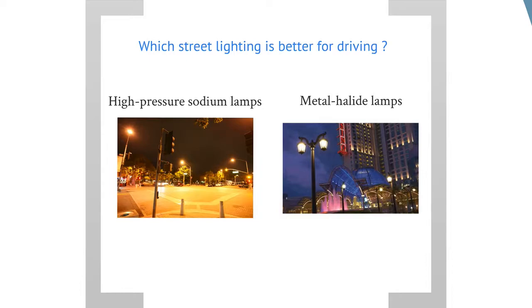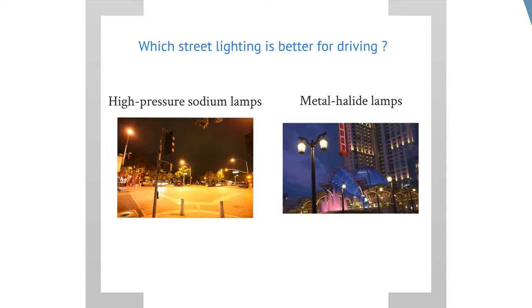So in this, there are two situations here. Which street lighting is better for driving? The high pressure sodium lamps on the left, or the metal halide lamps on the right? So right mentioned the metal halide lamps. And I assume it's because you've got a peripheral vision in the middle, right? Based on the last graph.